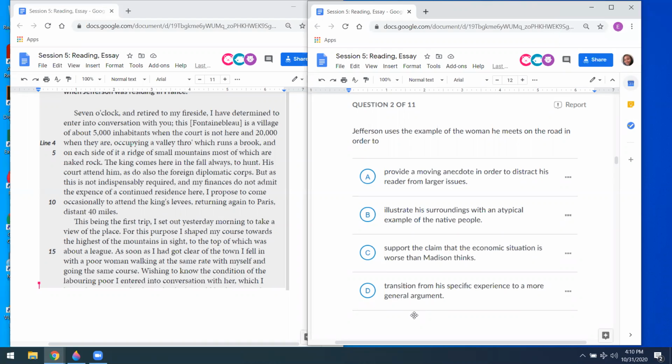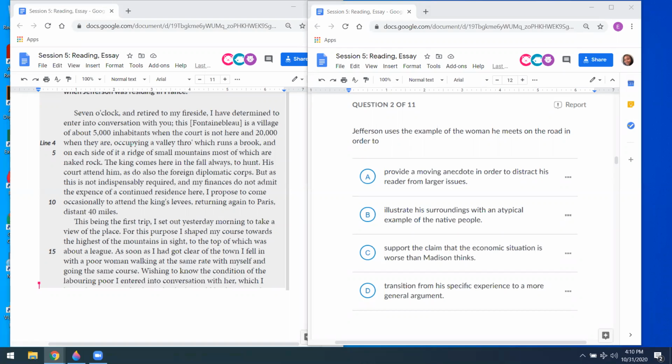Because first, A, when we're reading a passage, I'm pretty sure the examples or anecdotes that are presented are not just to distract the reader from the larger issue, but to contribute towards the issue. So I eliminated that one.